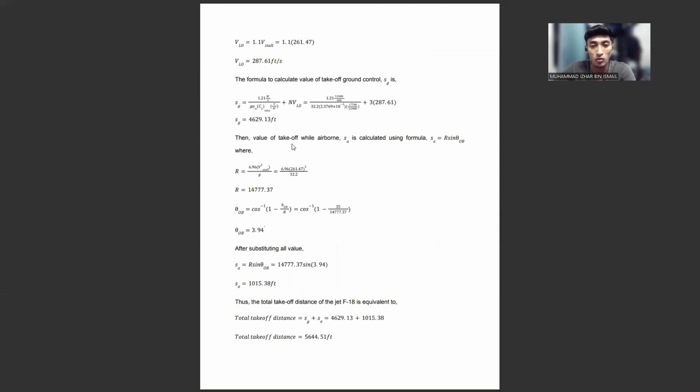To calculate SA, the takeoff airborne distance, first we need to find the value of R and theta OB. After that, we can find the value of SA. The total takeoff distance can be obtained by summing up the values of SG and SA, and we will get the takeoff distance, which is 5644.51 feet. That's for the takeoff performance.